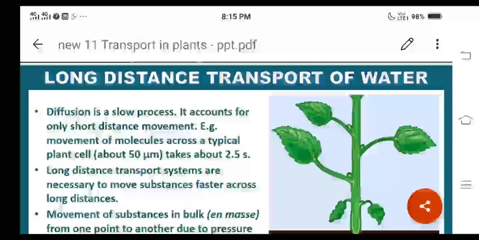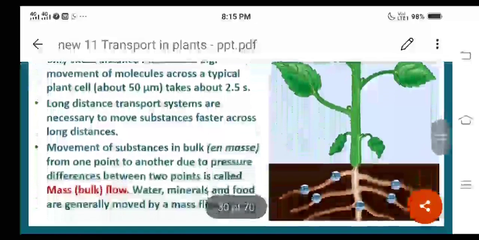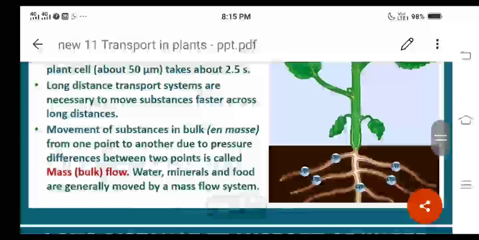Here one important terminology is bulk flow, or it is also called mass flow. What is the meaning of this? Movement of substances in bulk, or en masse, from one point to another due to pressure differences between two points is called mass flow, or bulk flow.